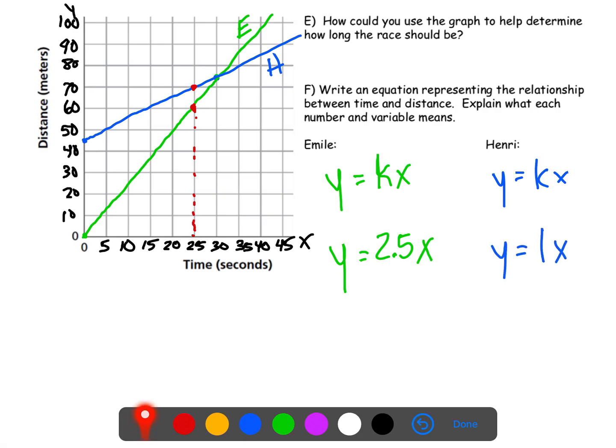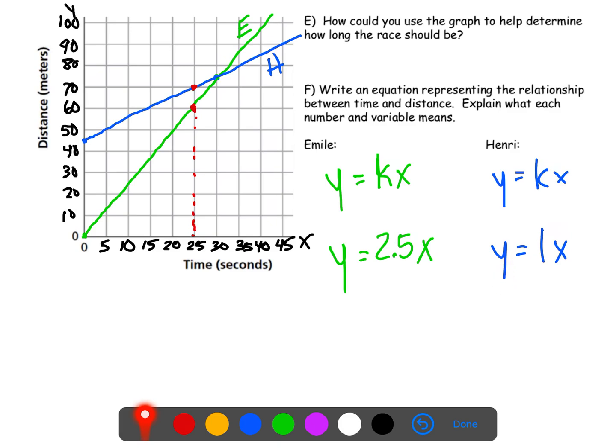If that were the case, if he was running for 5 seconds in this equation, 5 times 1 equals 5. All of our x and y values are going to be the same. If he's running for 10 seconds, 10 times 1 equals 10. That would be the same as well. But we know from the table that's not true. Whatever the time was is not the same amount as the distance in meters.